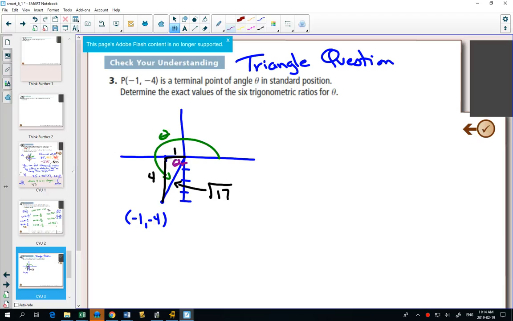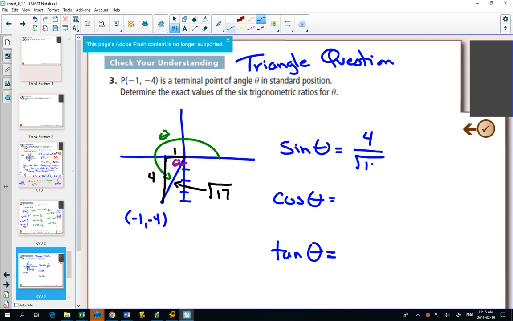And now that we have our triangle labeled, we can figure out sine theta, cos theta, and tan of theta. Now, if we look at our reference angle, sine of our reference angle would be opposite over hypotenuse, 4 over the square root of 17.